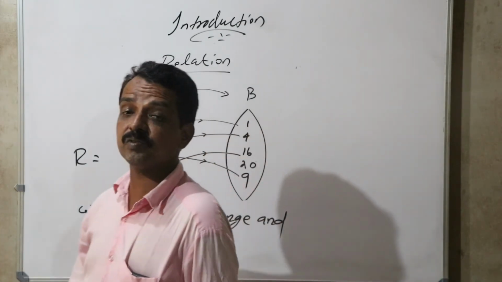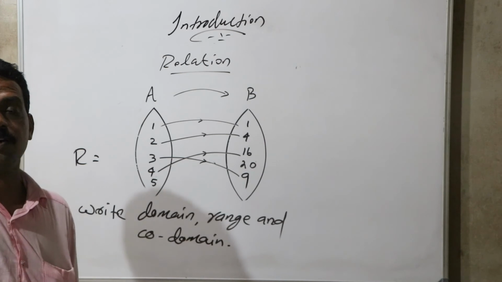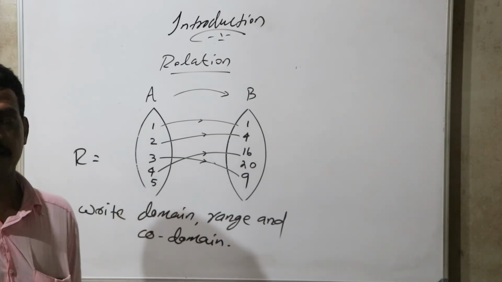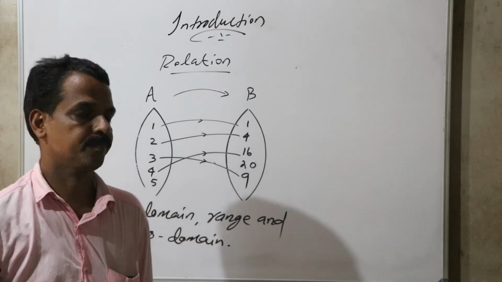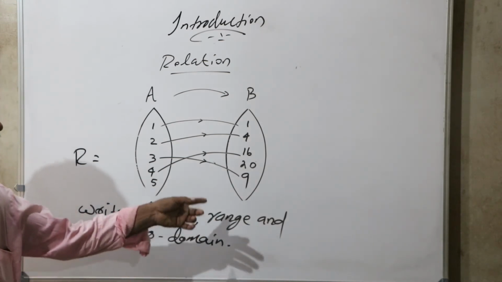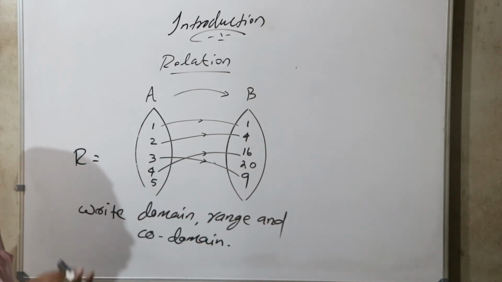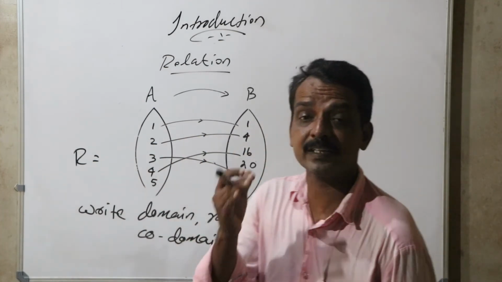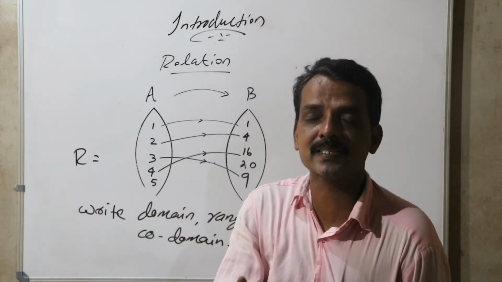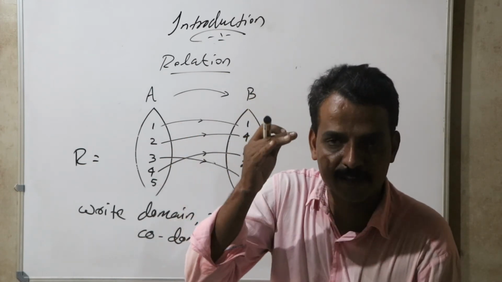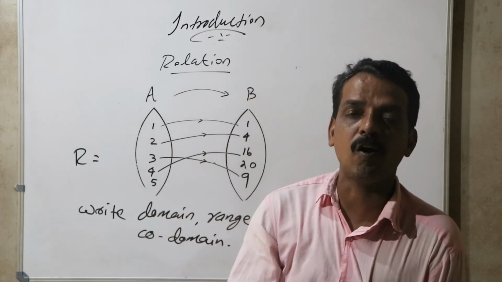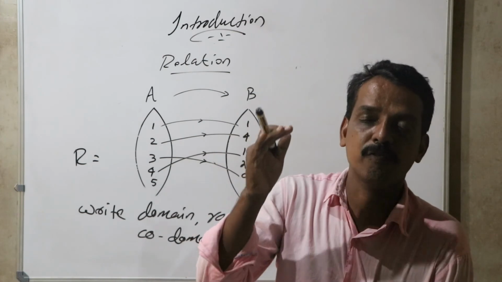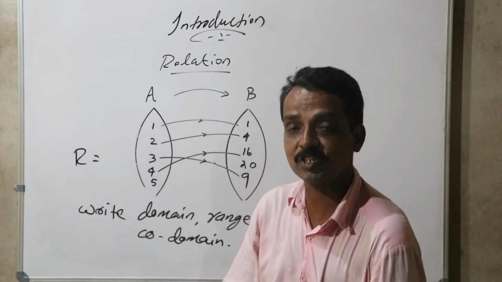Now we are going to study what the domain, range and codomain are. Write the domain, range and codomain of this relation. What is the domain? Domain is the set of x elements in the ordered pairs of a relation.